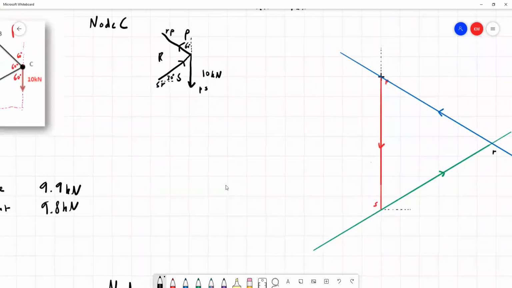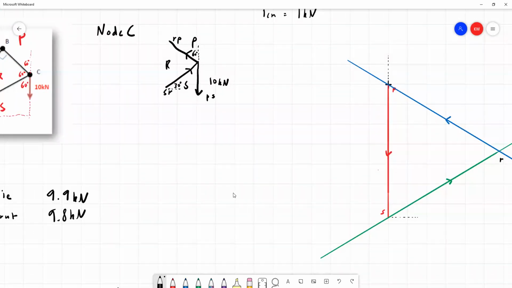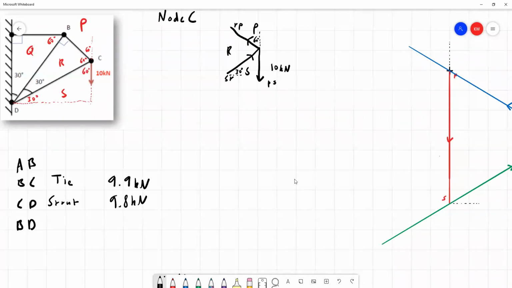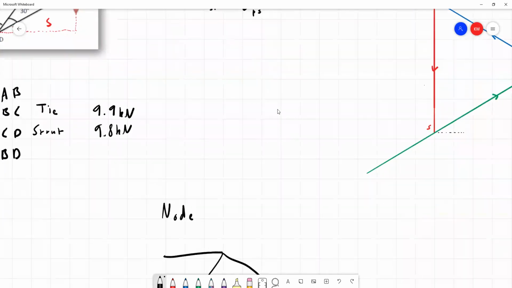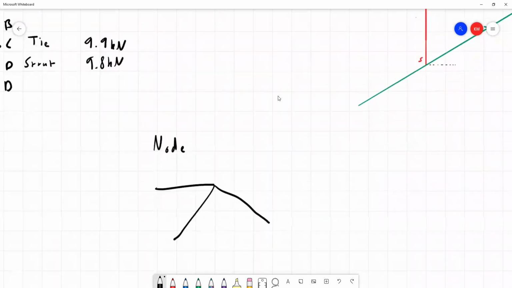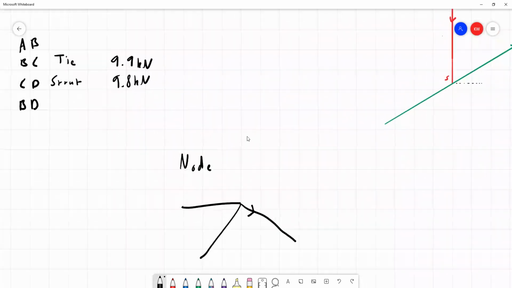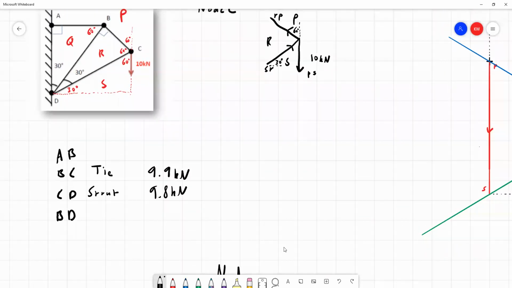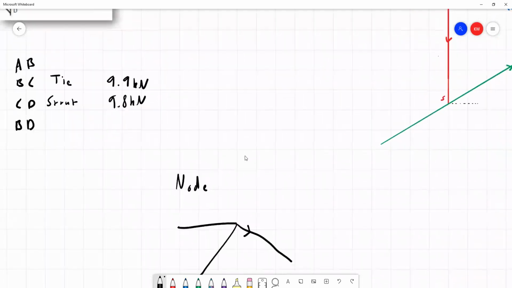We know that it was acting away from node C, and because internal forces are acting in the same way, that means that at point B, it will also be acting away from the node. So we have a force here acting away from the node, and we know the size of that force as well, because it's a balanced force, so it's going to be the same force that was acting away from node C, and so that's a 9.9 kilonewton force here.